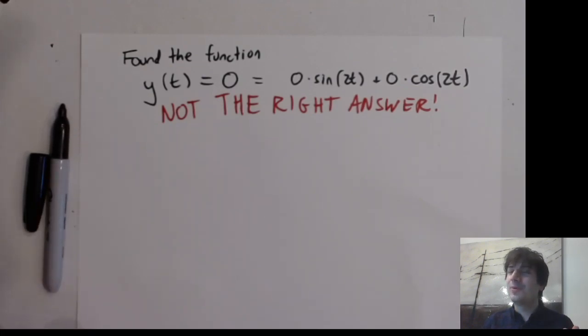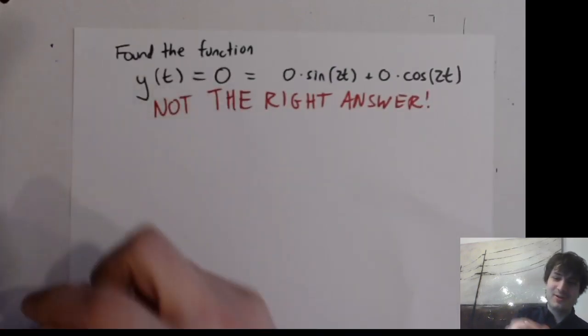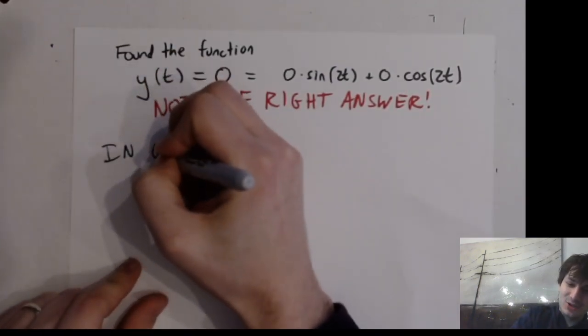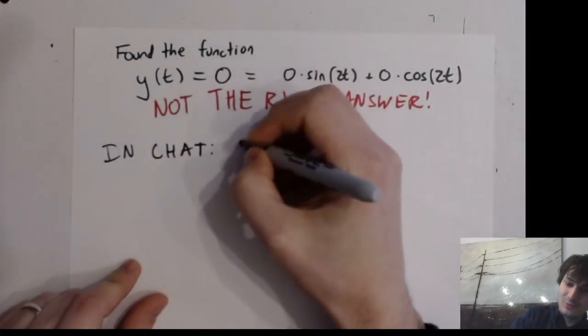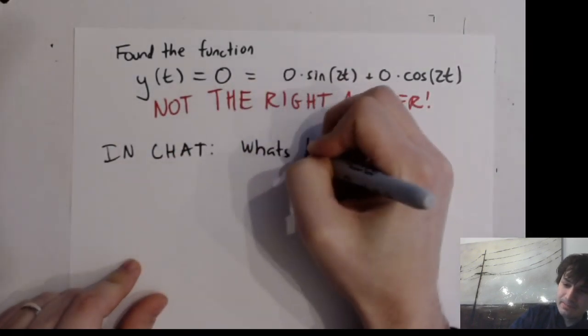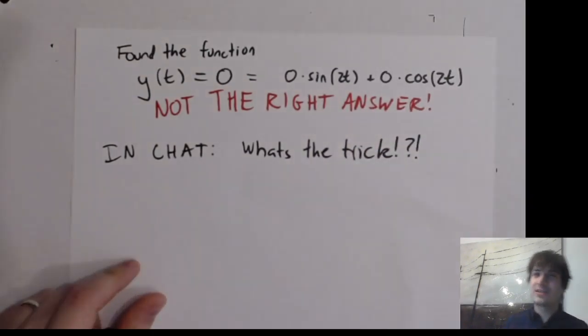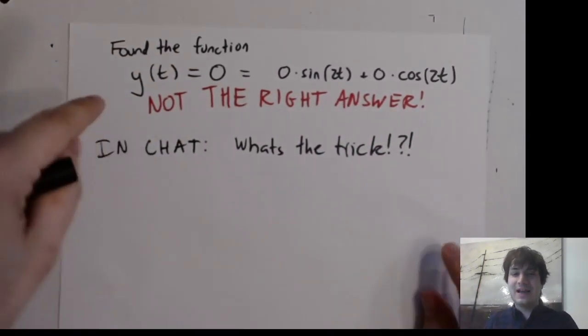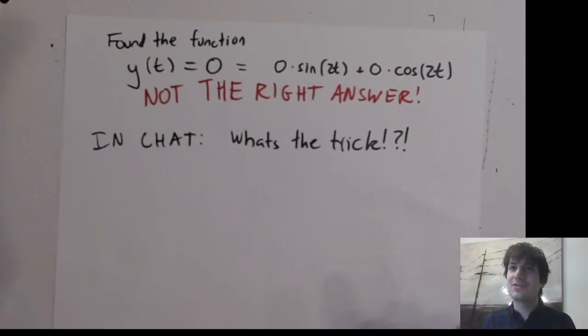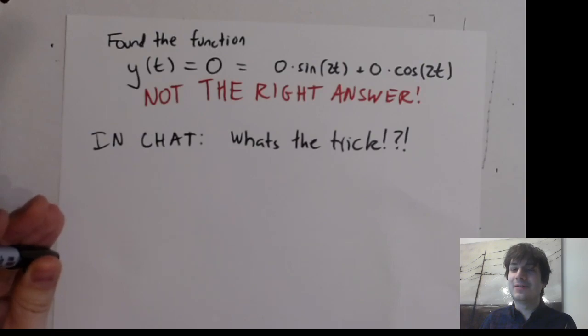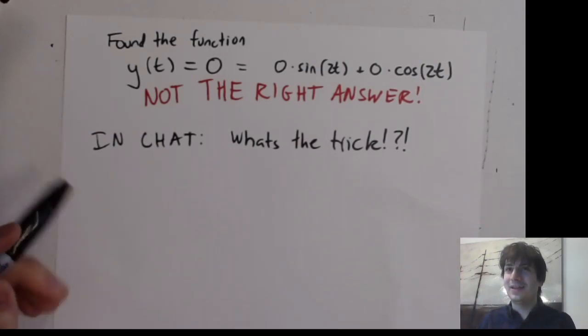So I'm going to open it up again. Maybe you can write in the chat, what was the trick? Maybe trick's the wrong word, but the answer is not this function. The answer is not 0, 0. I want you to explain why it doesn't have to be.